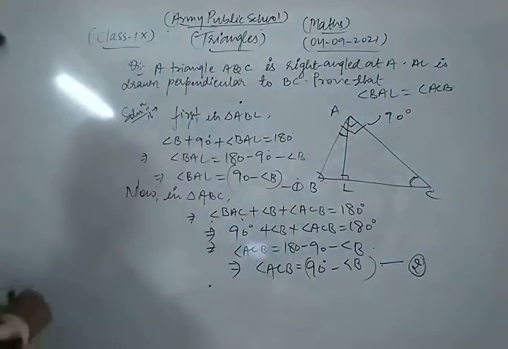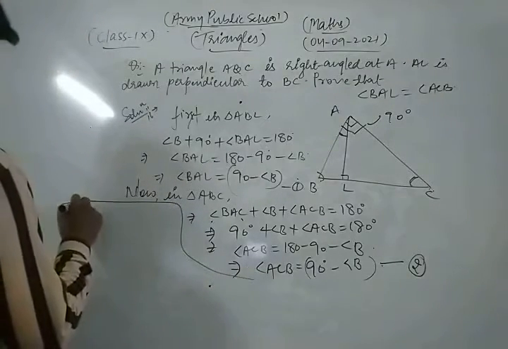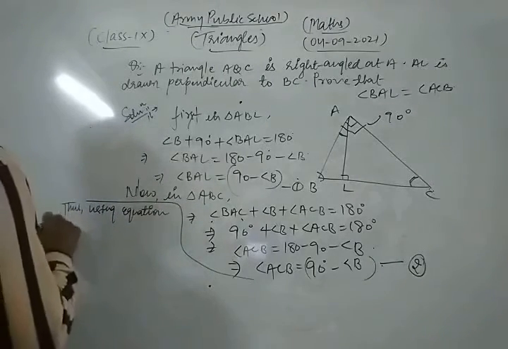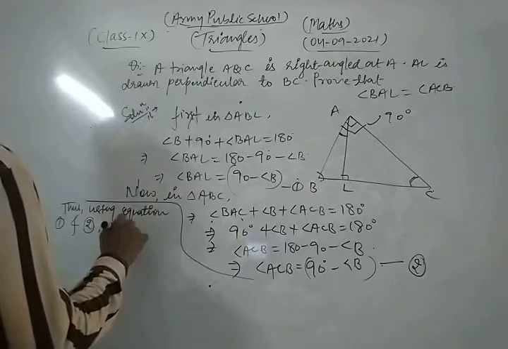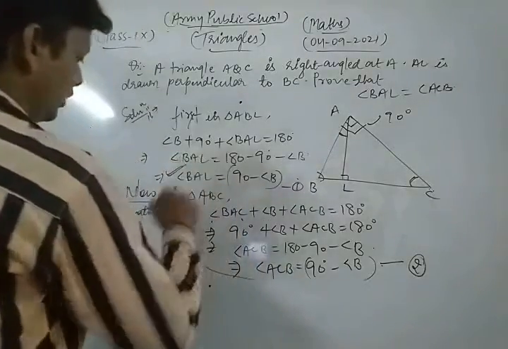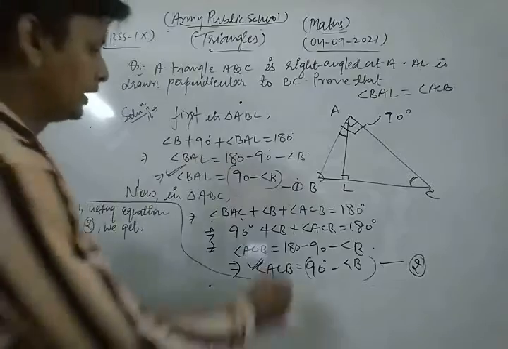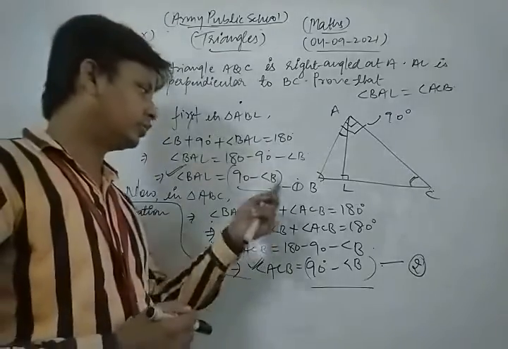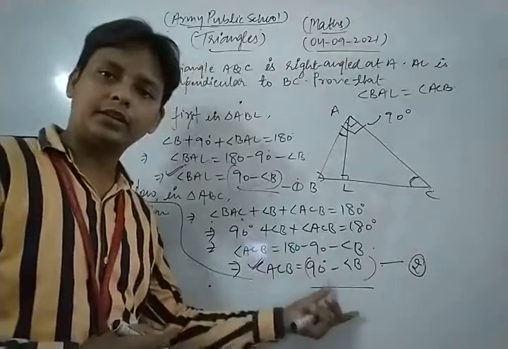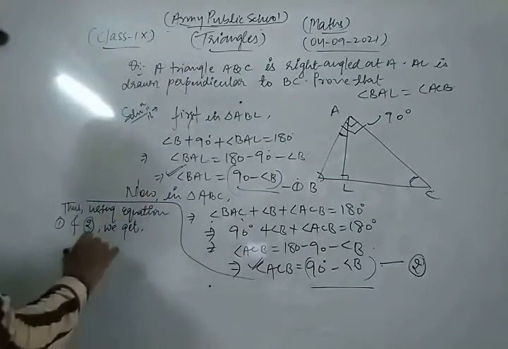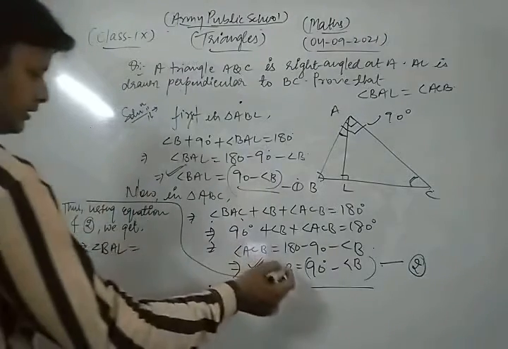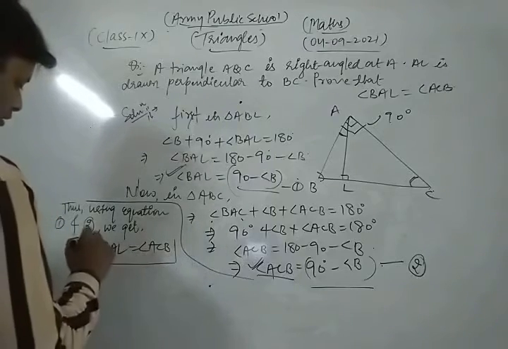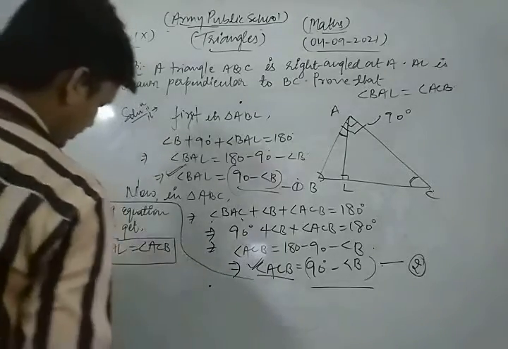Now look, using equations 1 and 2, this is 90 minus angle B, this is also 90 minus angle B. Equating the values of 90 degree minus angle B, we get angle BAL is the same as angle ACB. Hence proved.